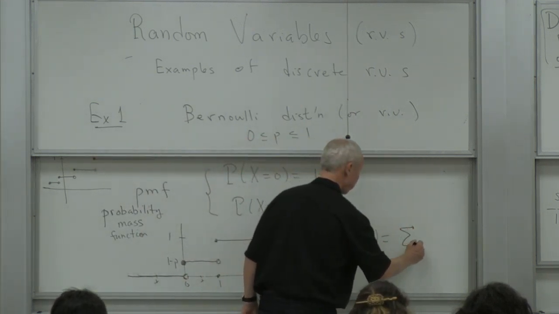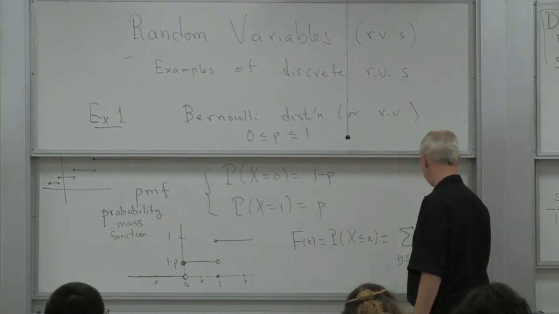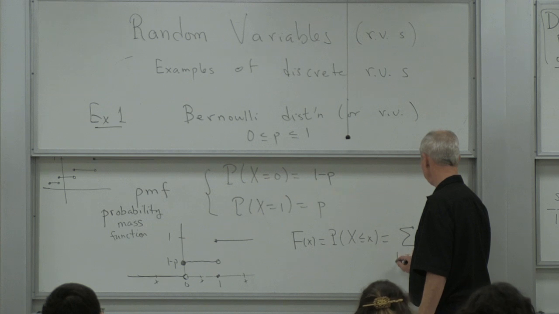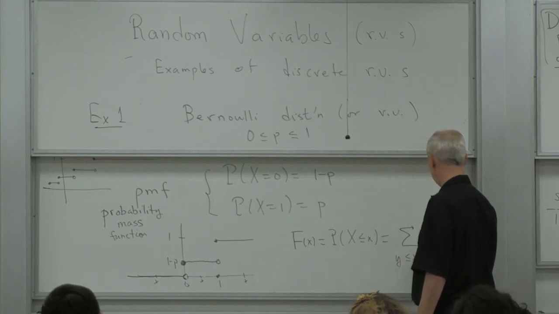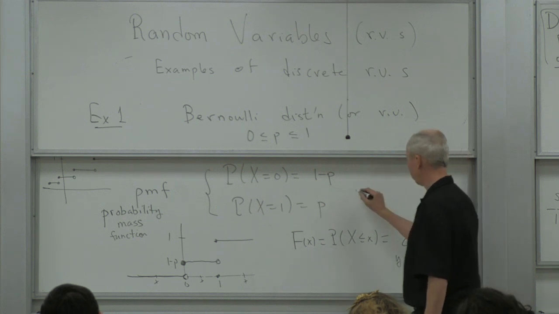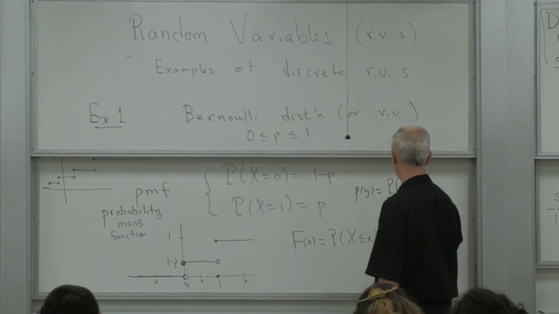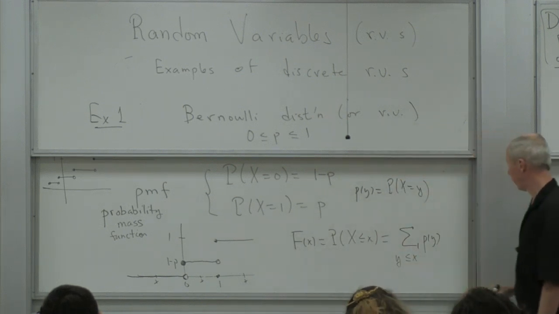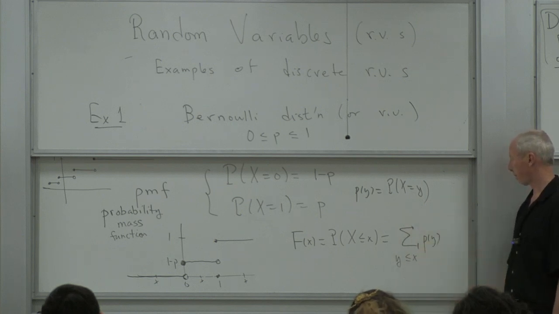Here it would be the sum over y less than or equal to x, of p of y, where p of y is the probability capital X is equal to little y. In discrete random variables, this will be a countable set at most, the set where this is different from 0.